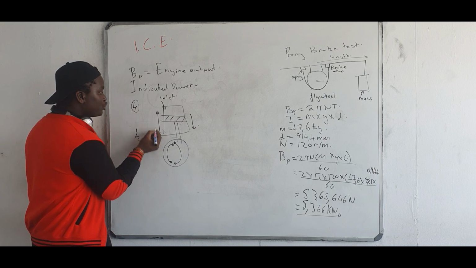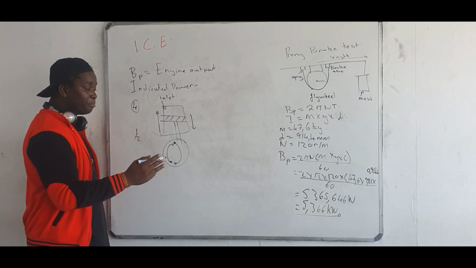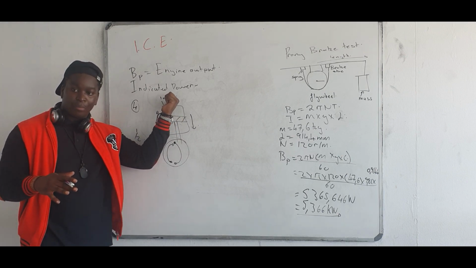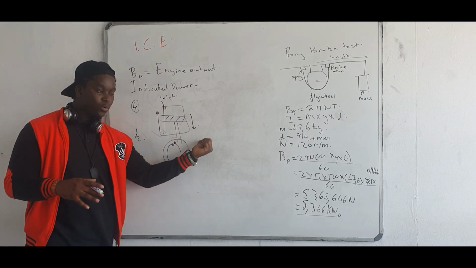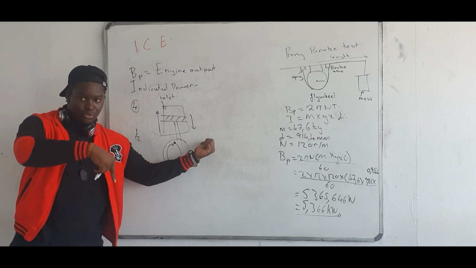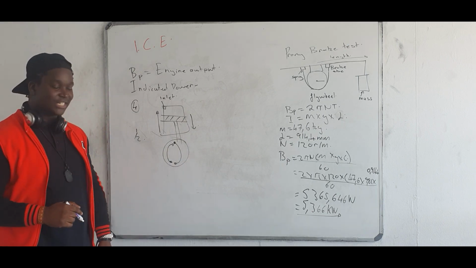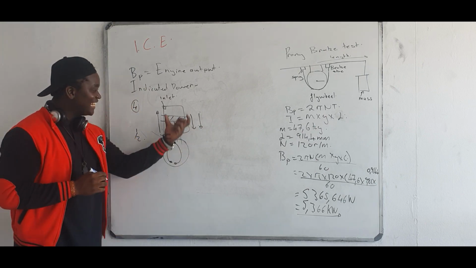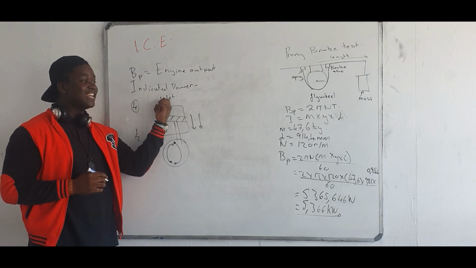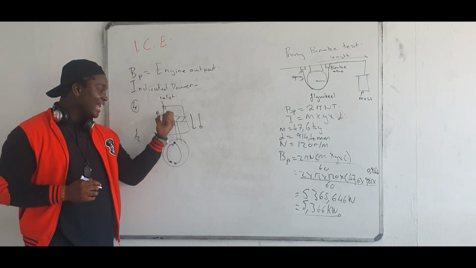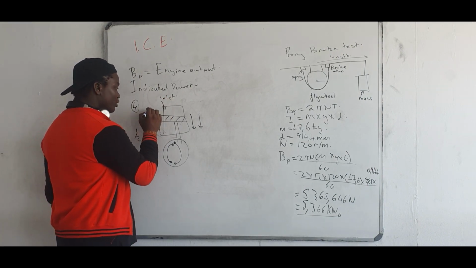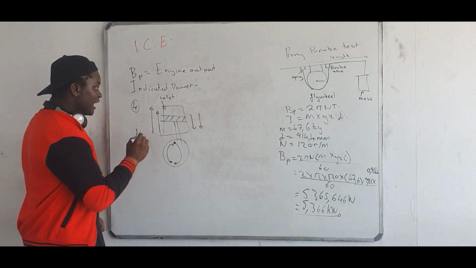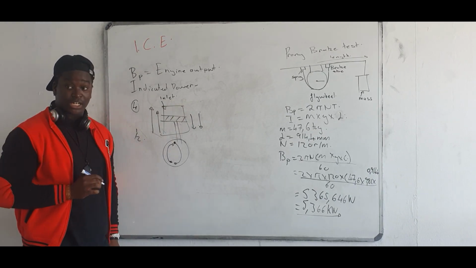And then the upstroke, when it goes up, is called compression, right? When the piston moves downwards, that's the inlet, and the inlet valve opens. And then when the piston moves upwards, that's compression. All the valves are closed.